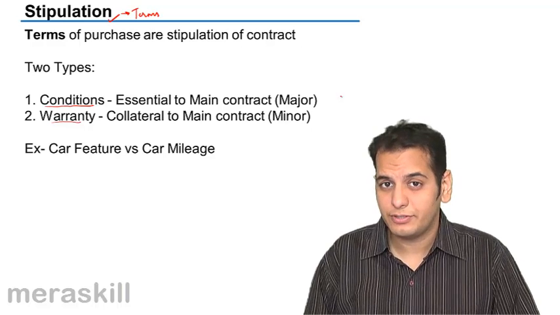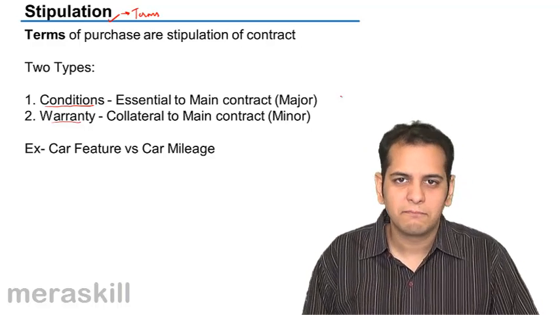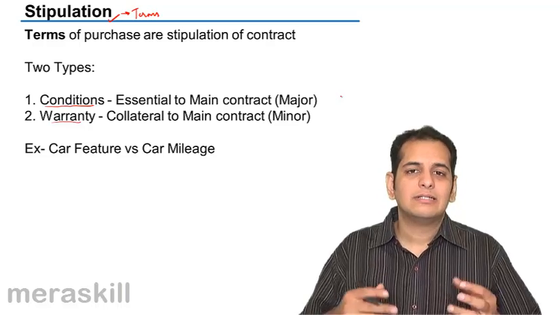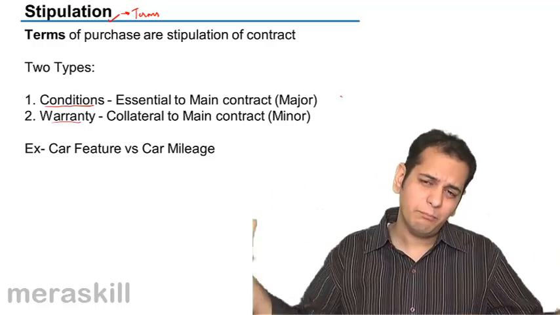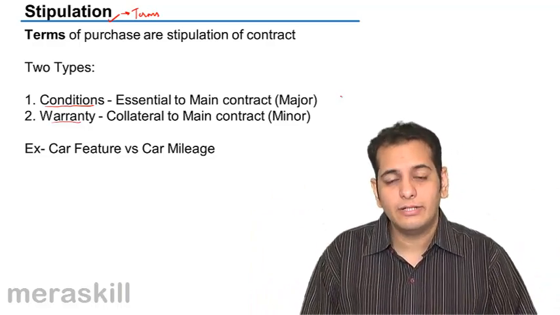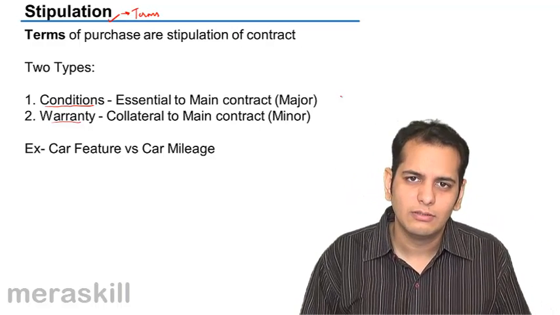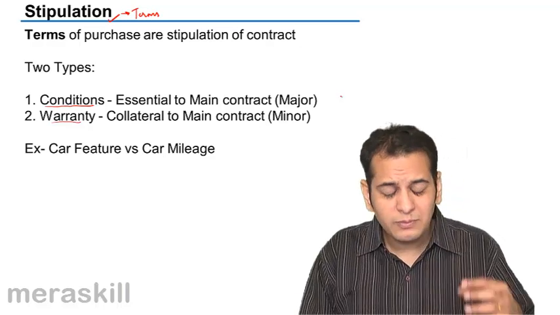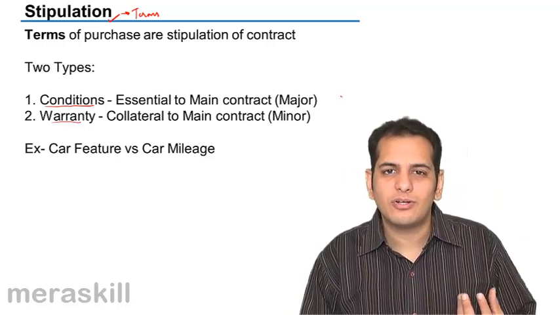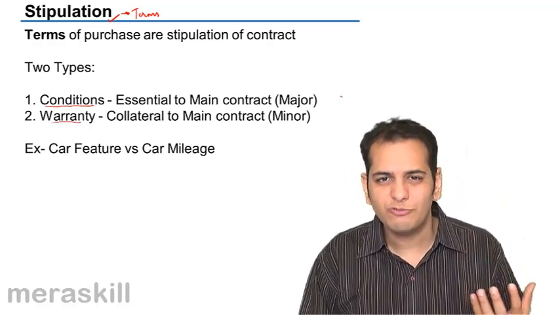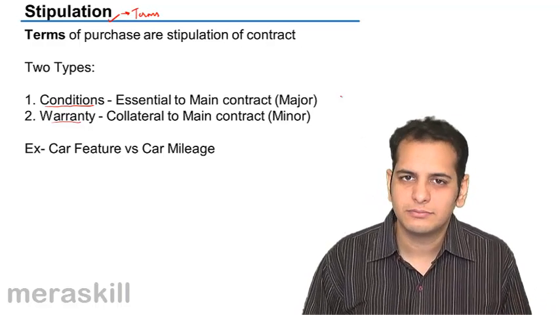If the answer is yes, this term becomes a condition, because this term becomes very important for the contract, and if this stipulation is not followed, then probably the essence of making the contract is gone. The purpose of making the contract is defeated.